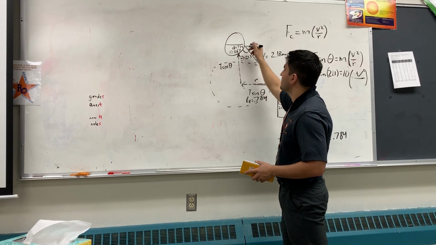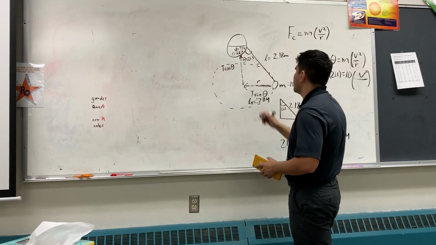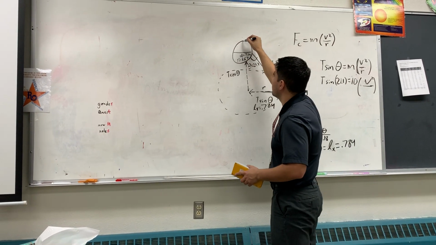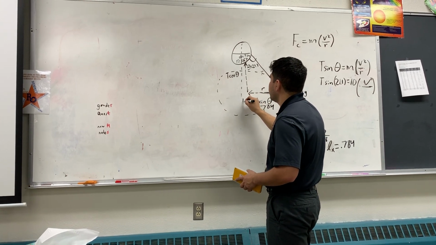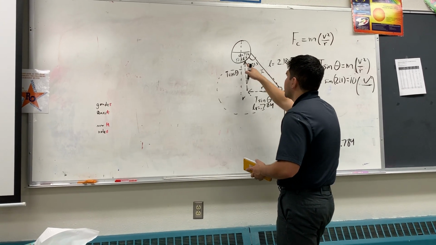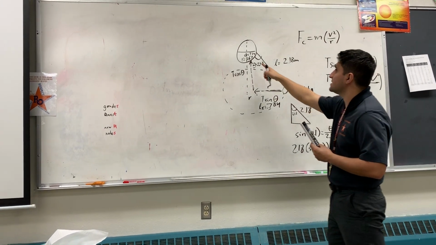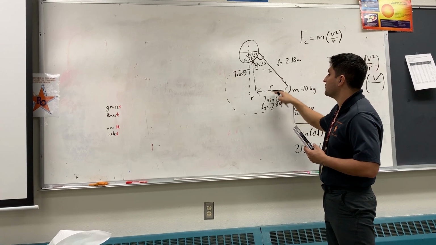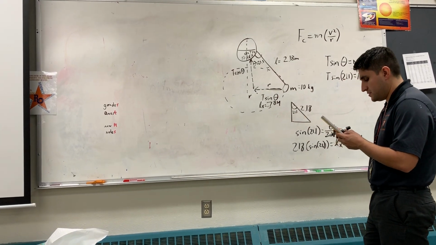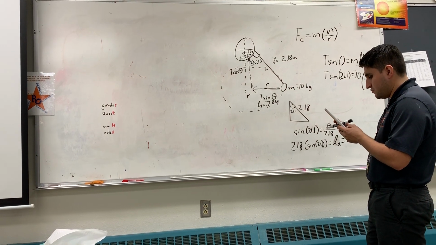Plus some of this circle going on right there. So I care about this other radius right here, which I already calculated was 3.67. So I take the radius of the center circle plus the horizontal part of the rope, 0.784 plus 3.67.